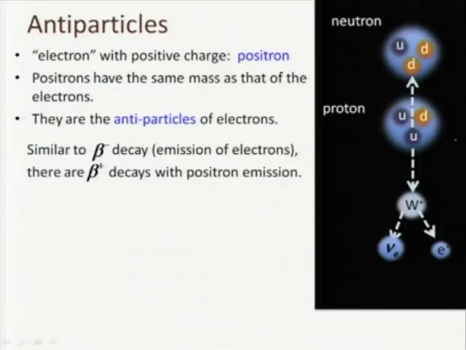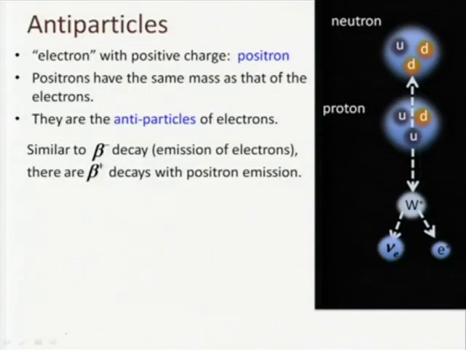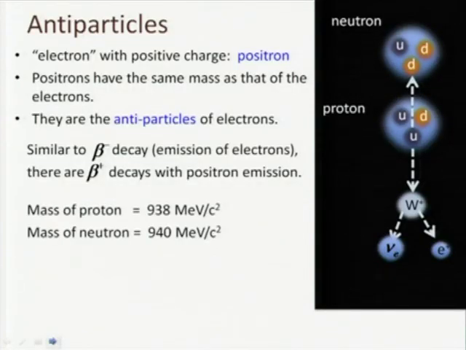And this W plus decays to a particle which has the same mass as that of the electron and a neutral particle which is similar to the neutrino. The electric charge on the electron-like particle is now opposite to that of the electron, which is positive 1 unit. This is basically the positron, which is the antiparticle of the electron.